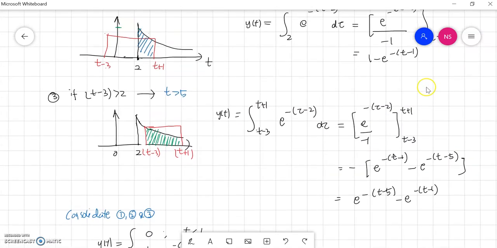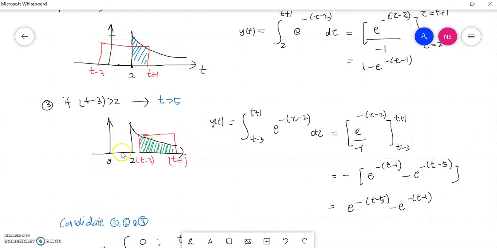For the final part, is when my h(t minus tau) is moved to the right all the way, whereby t plus 1 is bigger than 2, and also the boundary of my rectangular pulse, t minus 3, is also beyond 2.